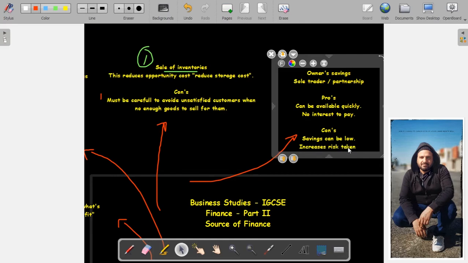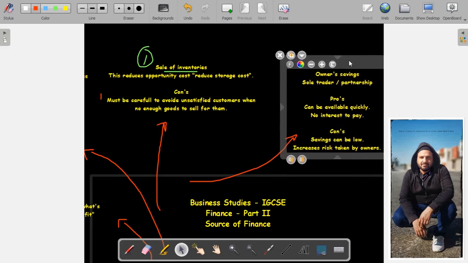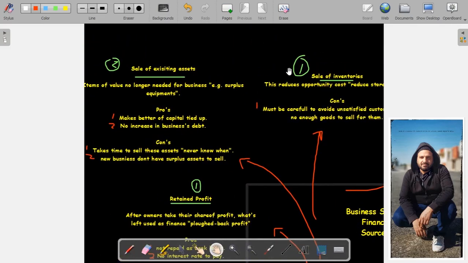This is the second disadvantage. This should be number three.